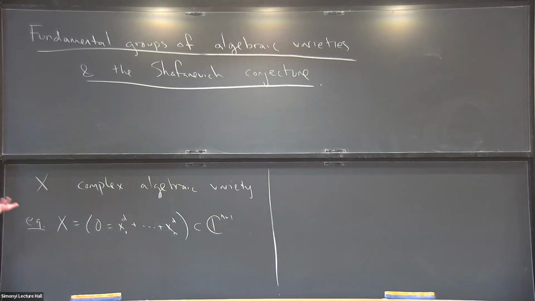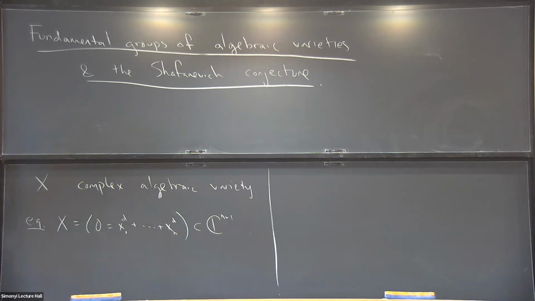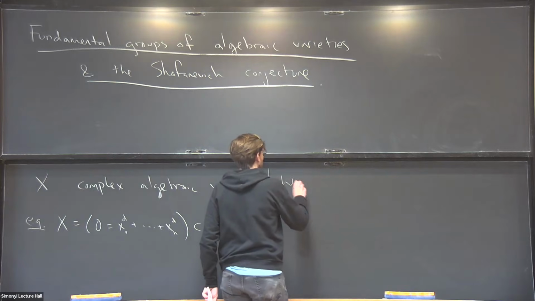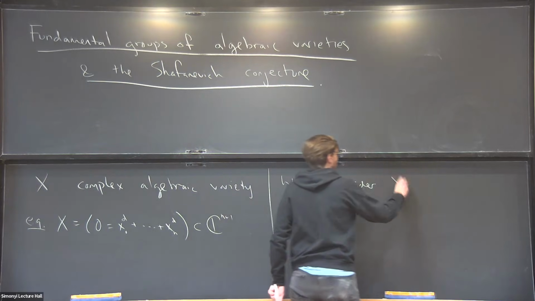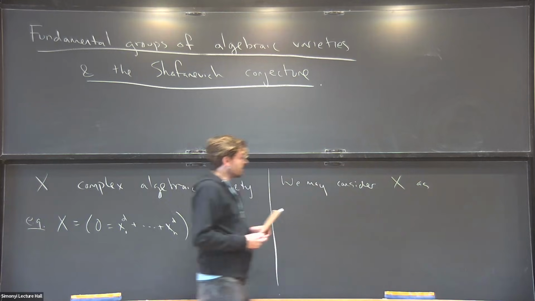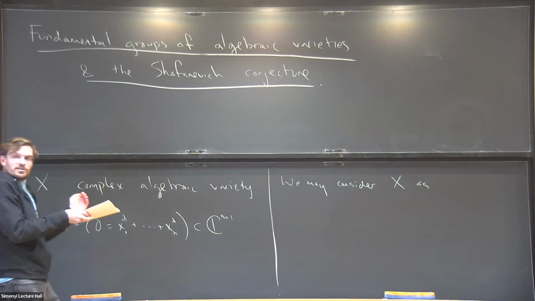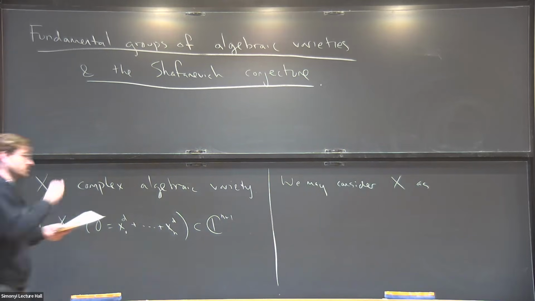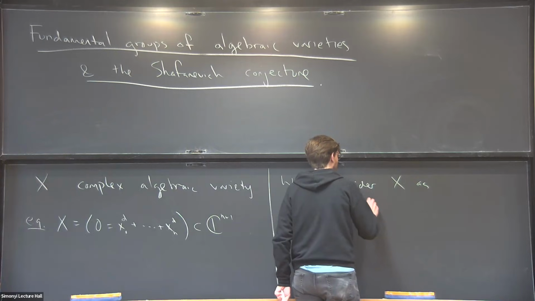But in particular, polynomials are holomorphic functions, and therefore we may consider X as a complex analytic variety, namely locally the zero set of holomorphic functions glued via holomorphic transition functions.